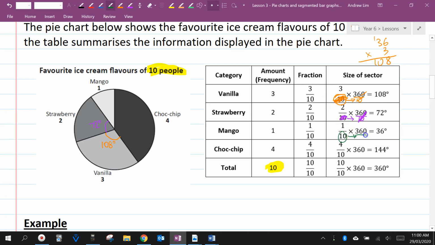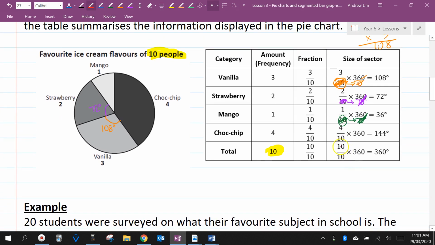We can move this 10 over here to make the question easier for us. 360 divided by 10 is 36, and 1 times 36 is just 36. Same thing with choc chip. And so the total was 10 out of 10, or just 1. In this case, with the total, there's no need for us to move the 10 across. We can just do 10 divided by 10 is 1, and 1 times 360 is 360. That means all of these numbers here will add to 360, which is exactly what we want.